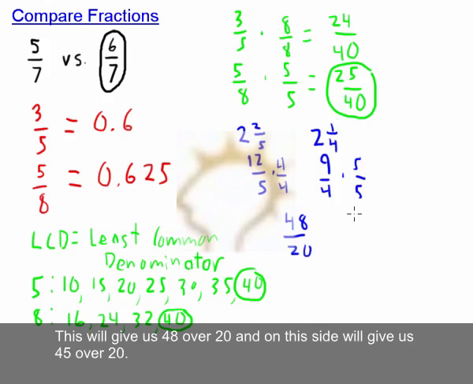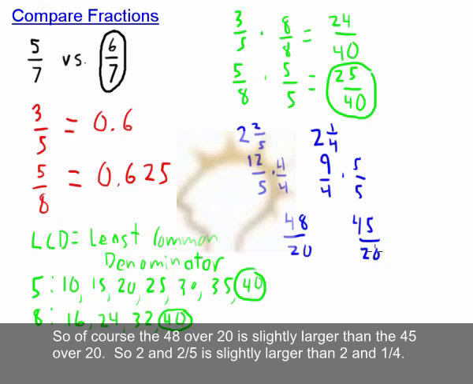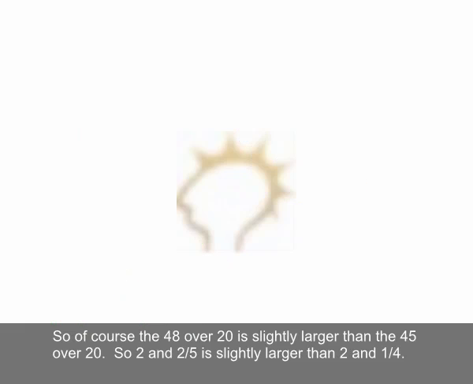This will give us 48 over 20, and on this side will give us 45 over 20. So of course the 48 over 20 is slightly larger than the 45 over 20, so 2 2/5 is slightly larger than 2 1/4.